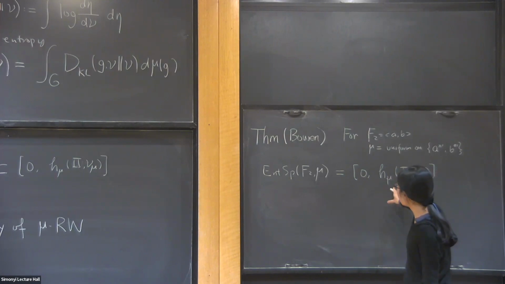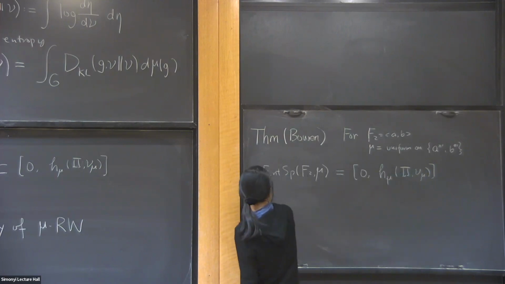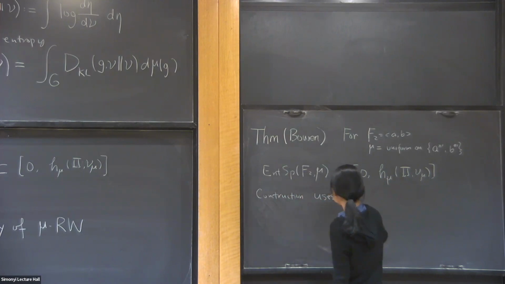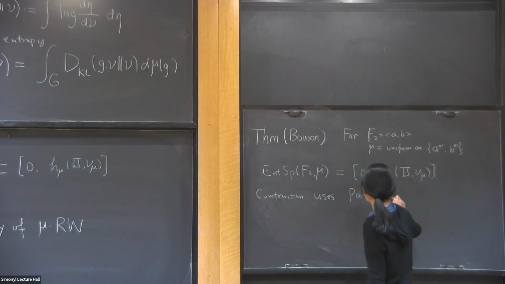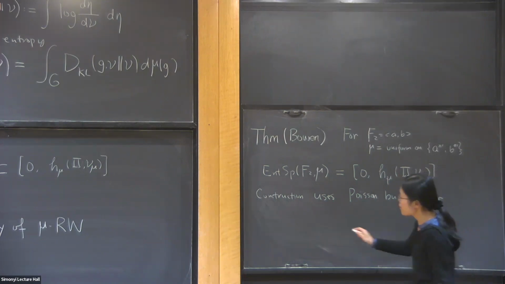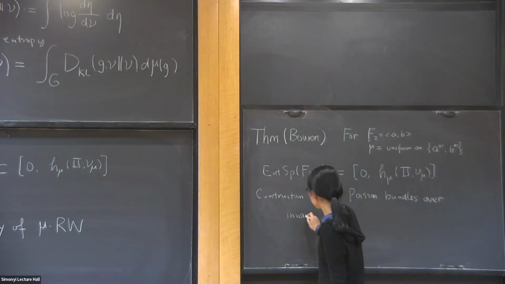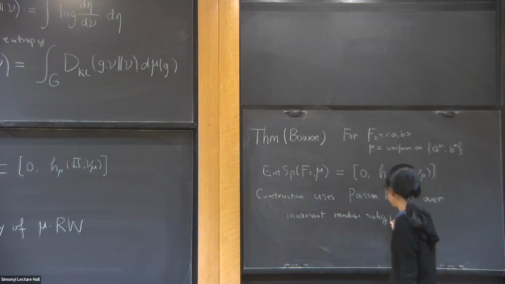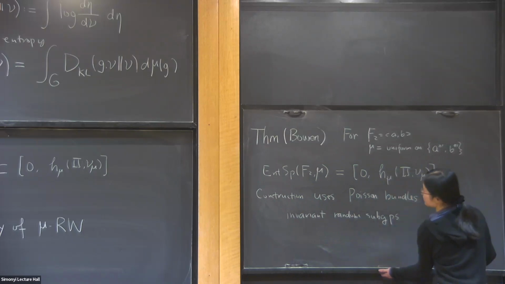So what he took was something called Poisson bundles over invariant random subgroups.